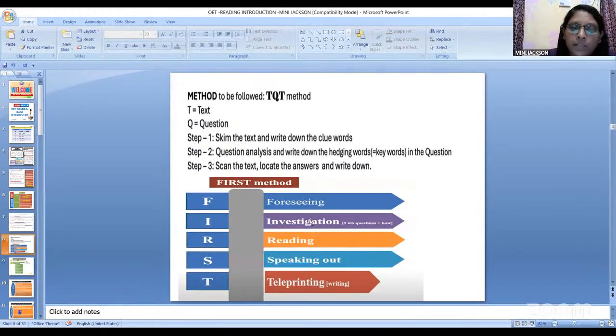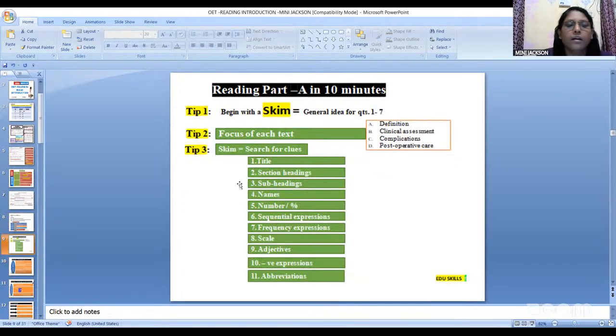Then I means investigation, R reading, S for speaking out, T for teleprinting. This is the first method. These are the important things you have to keep in your mind. Then we need to see how we can crack reading Part A within 10 minutes.